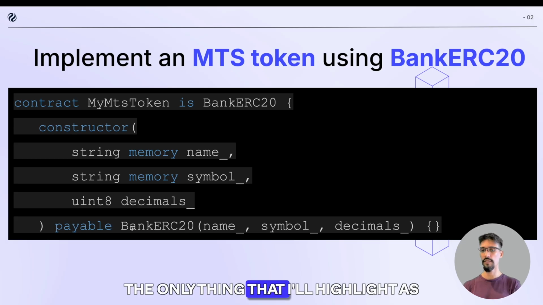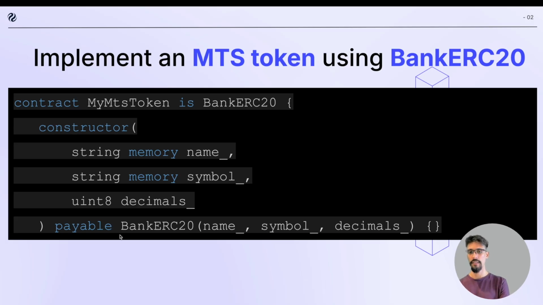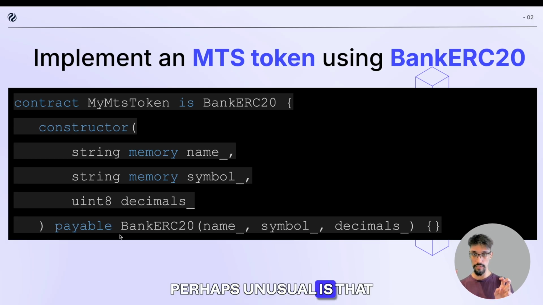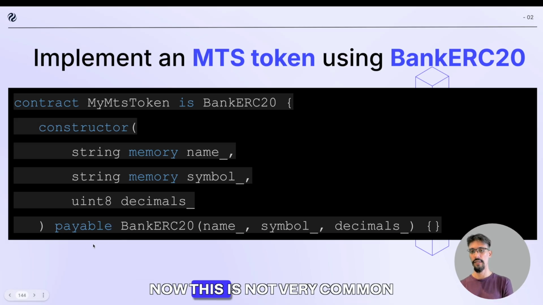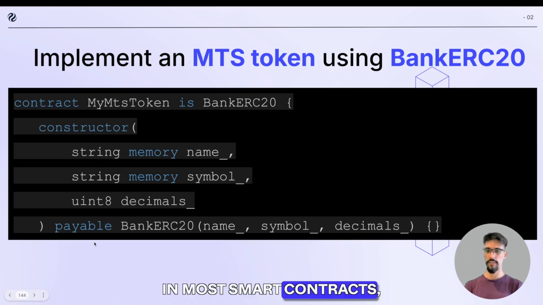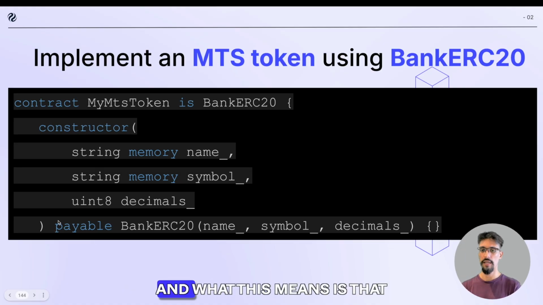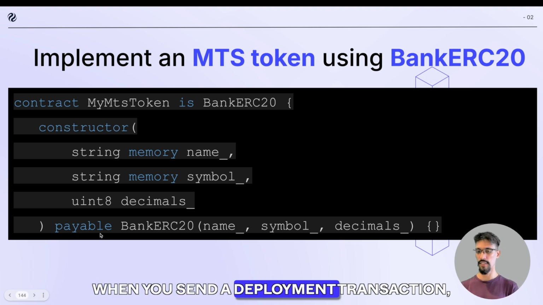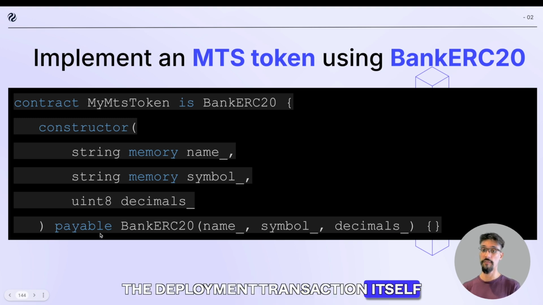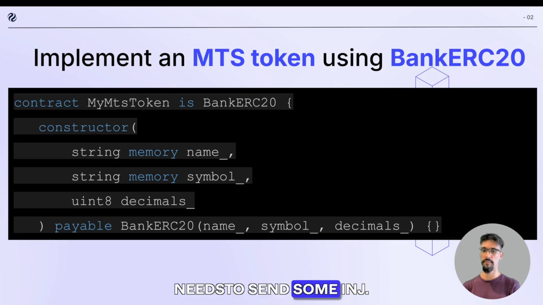The only thing that I'll highlight as perhaps unusual is that the constructor itself is payable. This is not very common in most smart contracts, although it's technically allowed. What this means is that when you send a deployment transaction, the deployment transaction itself needs to send some INJ.